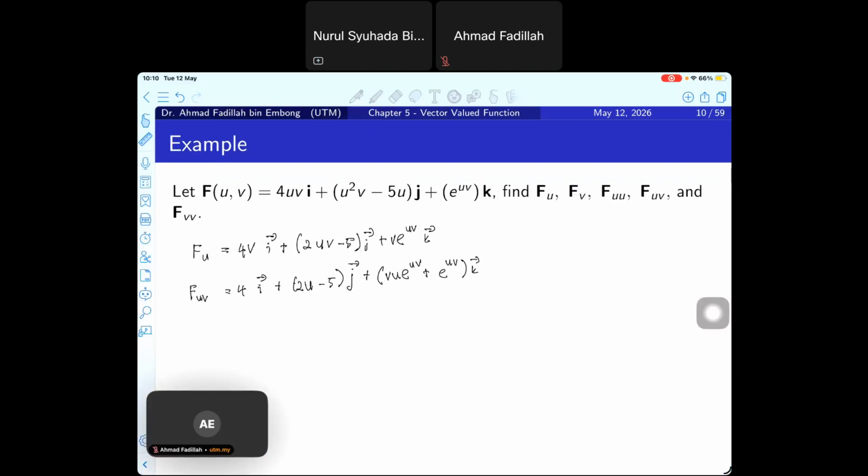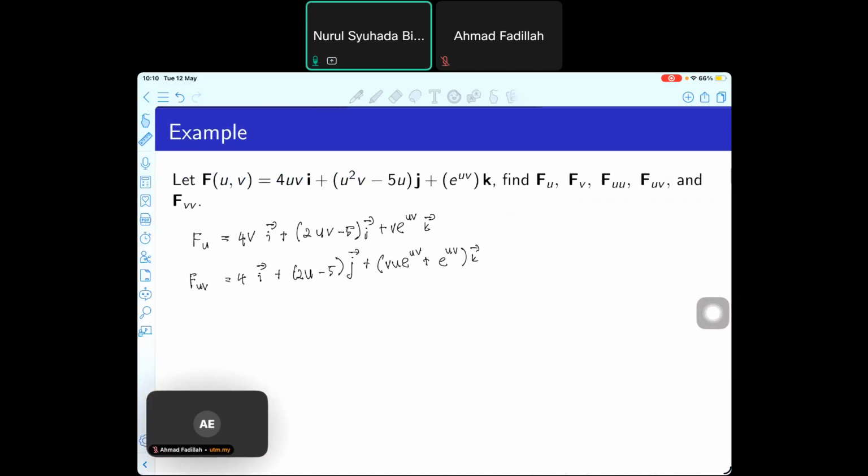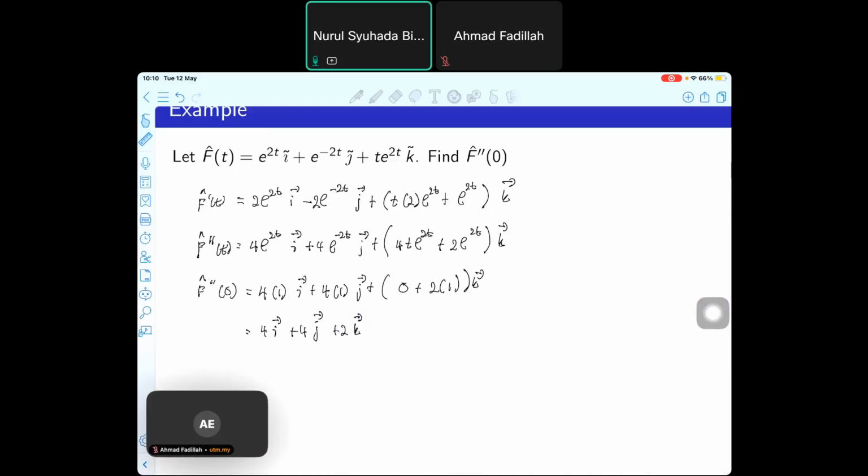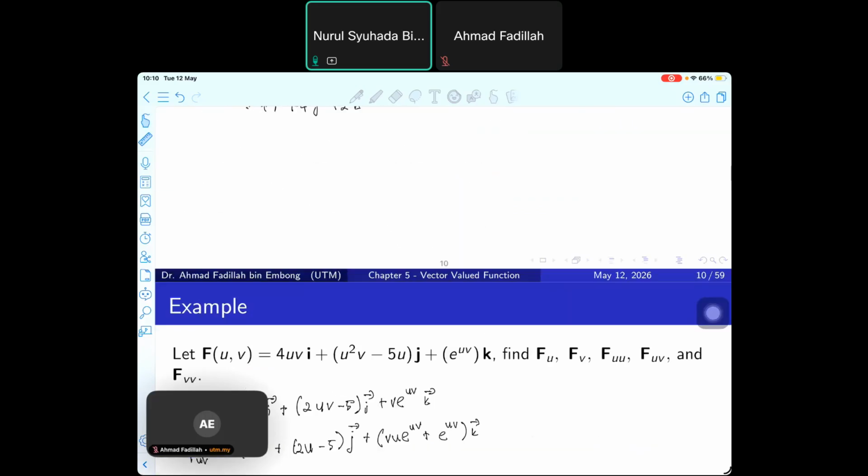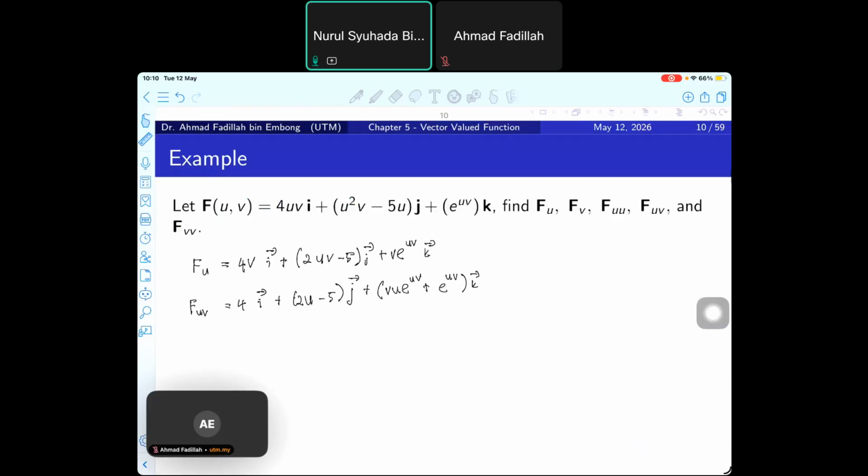Okay, so let f be given by this equation, or this vector. So we have 4e^v, u squared v, 5u, and e^(uv). You can see that the difference between this example and the previous example is that this example contains more variables.